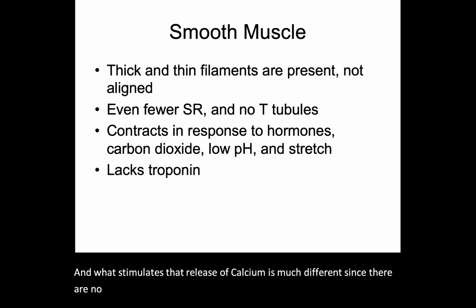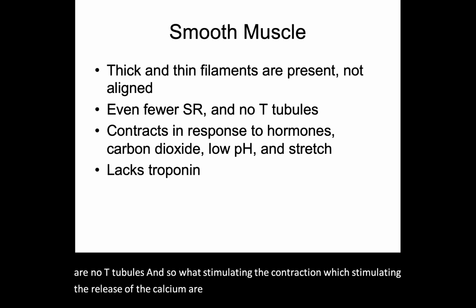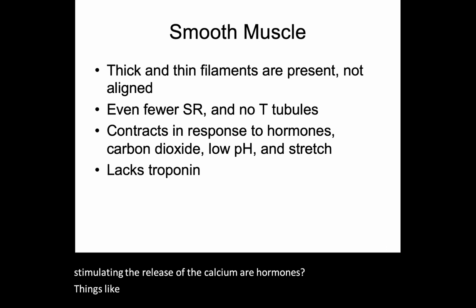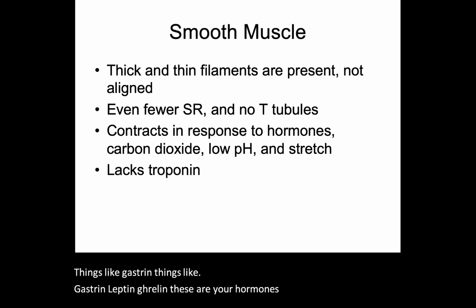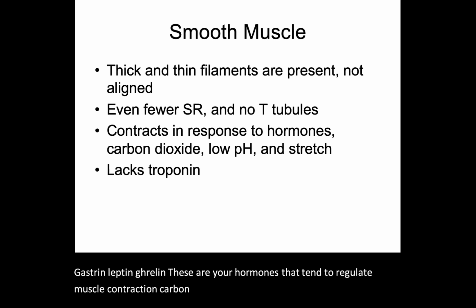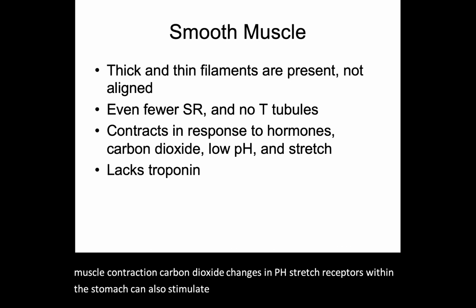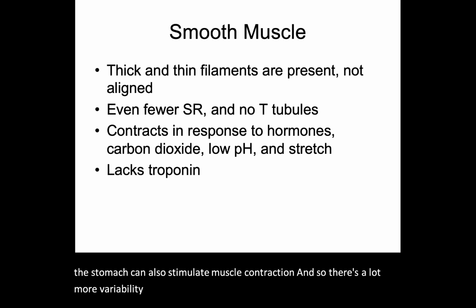And so what's stimulating the contraction, what's stimulating the release of the calcium are hormones, things like gastrin, leptin, ghrelin. Right? These are your hormones that tend to regulate muscle contraction. Carbon dioxide, changes in pH, stretch receptors within the stomach can also stimulate muscle contraction. And so there's a lot more variability in how we contract smooth muscle.